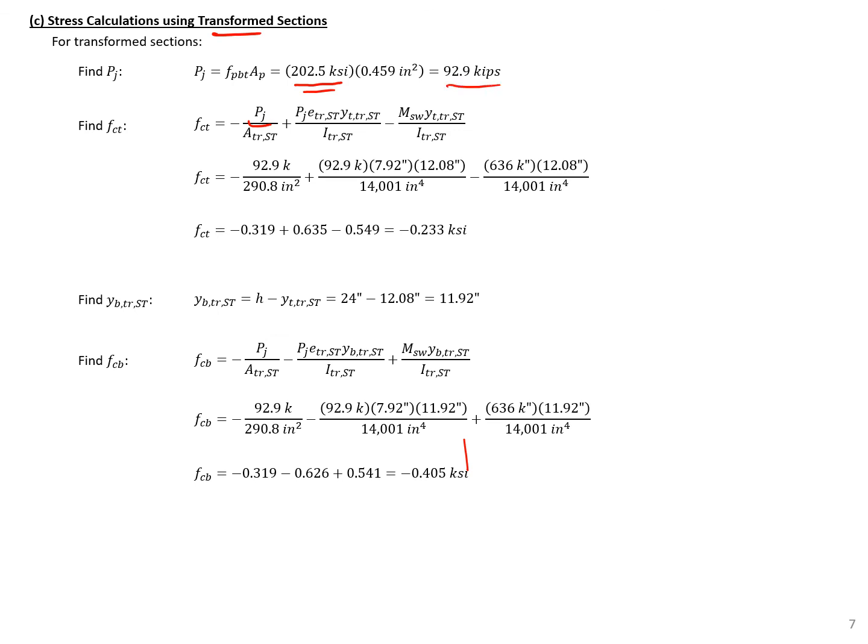And again, we had the same equation, same components. We need to make sure that we use the correct distance, so the distance between the centroid and the top, and the distance between the centroid and the bottom of the section. And we'll get a stress then in the top of negative 0.233 KSI, and a stress in the bottom of negative 0.405 KSI.